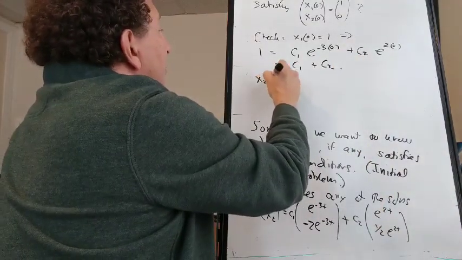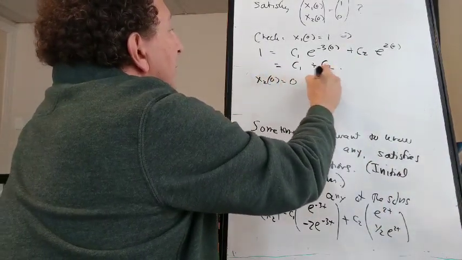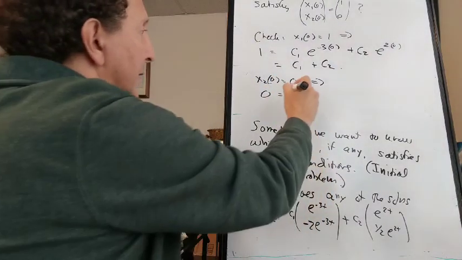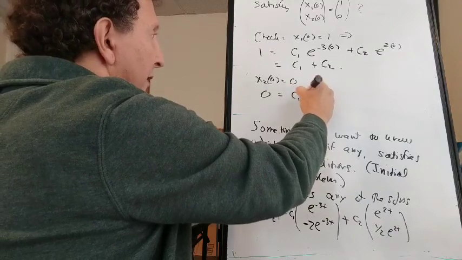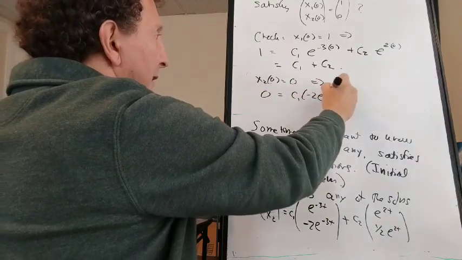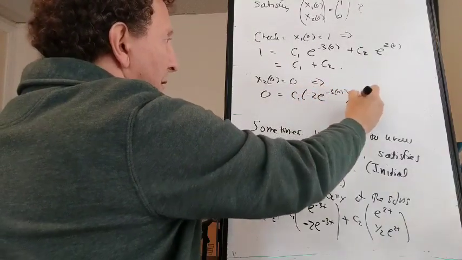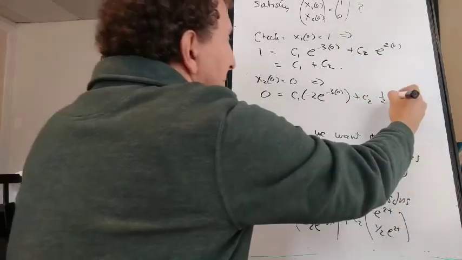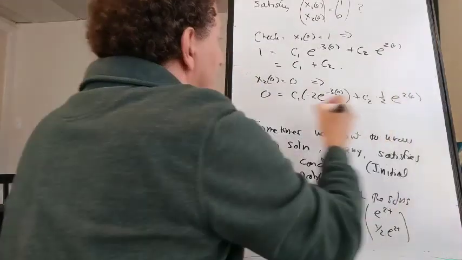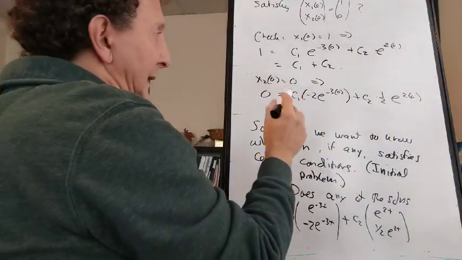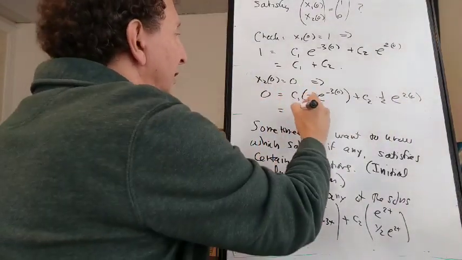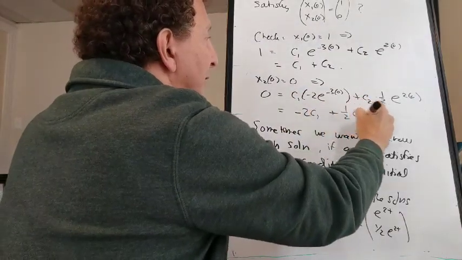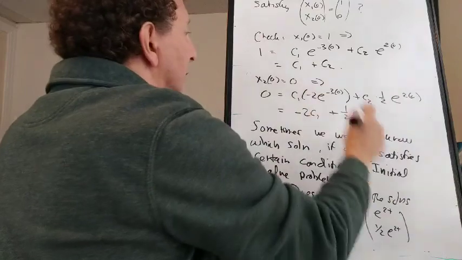And x2 of 0 being 0 means that 0 equals c1 times negative 2 e to the negative 3 times 0 plus c2 times 1/2 e to the 2 times 0. And again, e to the 0 is just 1, so this is saying negative 2c1 plus 1/2 c2 equals 0.